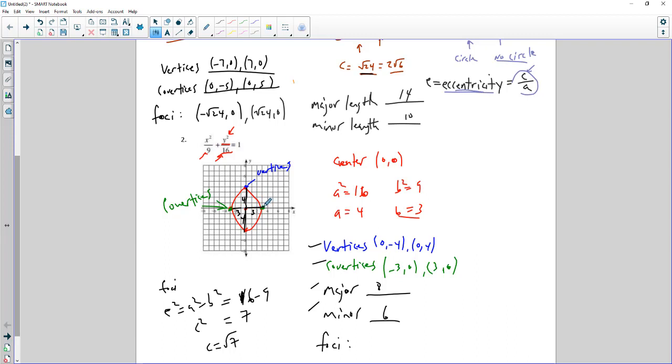Root 7, well, that's somewhere between 2 and 3, really. So, let's just make it up: 1, 2, 3, right there and right there, and that's kind of where they would be located.